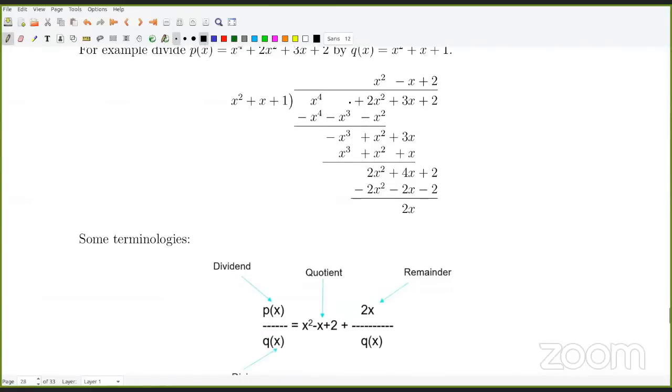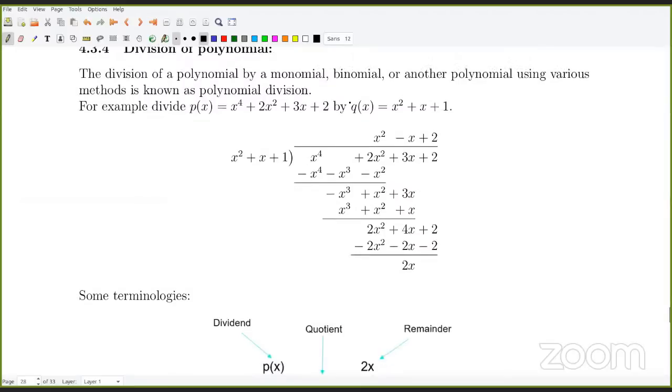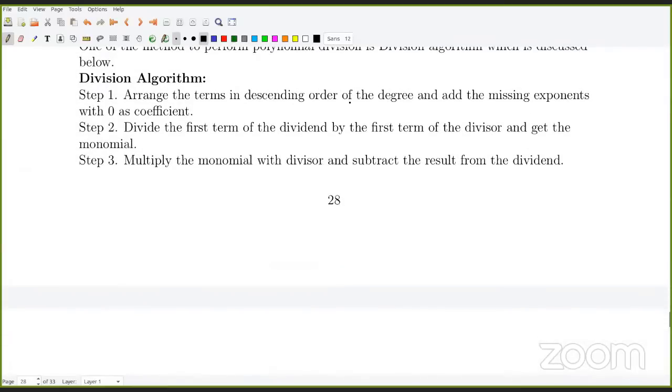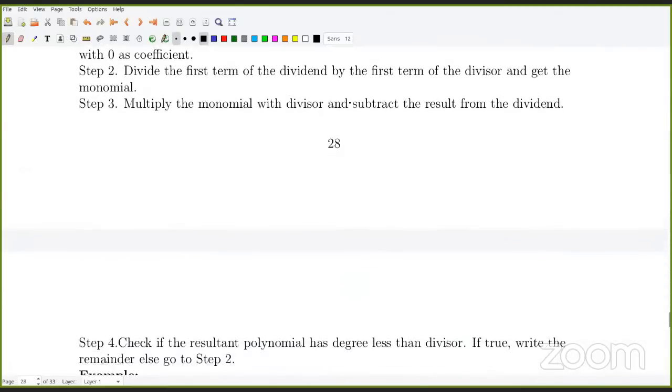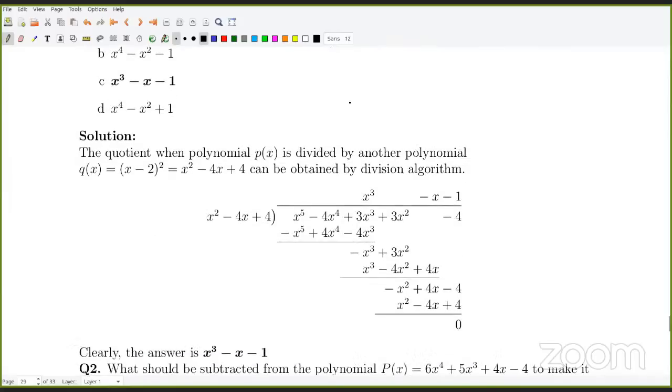Can you explain how the division works, sir? If you are not sure, just go with this PDF. We will share this PDF with you. Go on to graphing portions. Yeah, I will just go to graphing. We have given you how this division algorithm works step by step. Go through that.